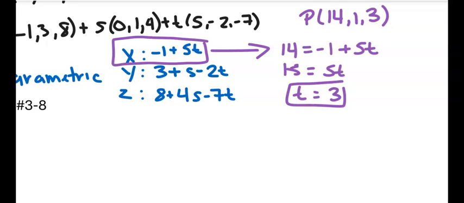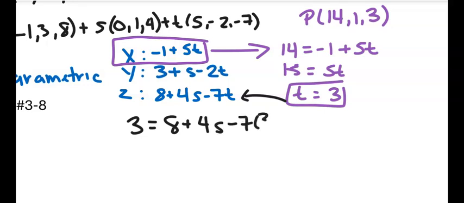Plug this guy into the z equation, doesn't matter. So 3 equals 8 plus 4s minus 7 times 3. 8 minus 21 is -13.